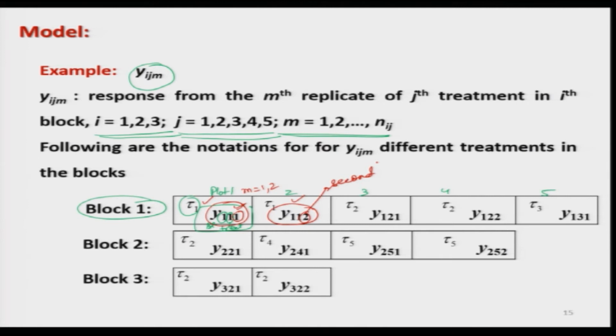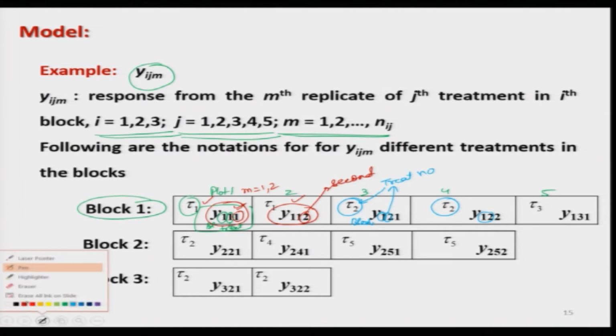Similarly, if you look here, we have repeated treatment number 2 in plots number 3 and 4. So, now you are giving treatment number 2 in block number 1. The first subscript 1 indicates the block number, and the second subscript 2 indicates the treatment number, which is given by tau 2, and the same thing happens in plot number 4.